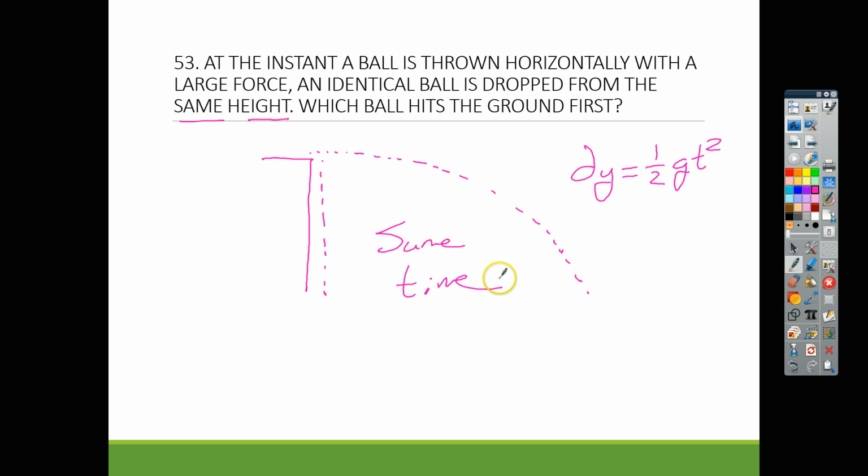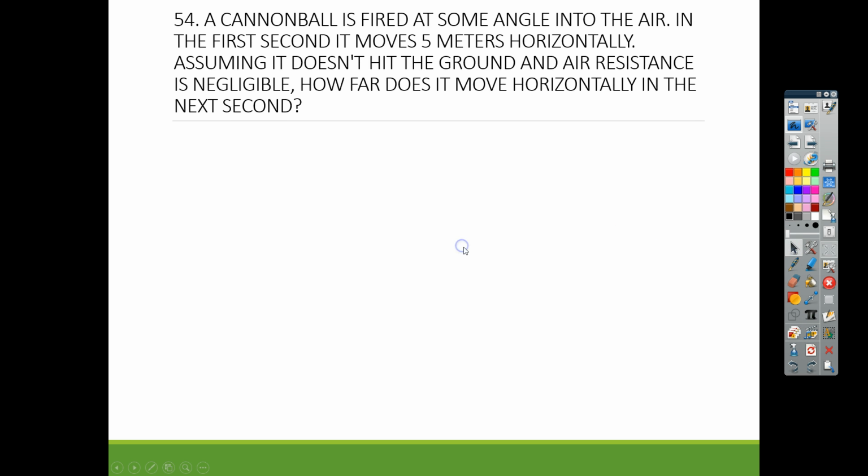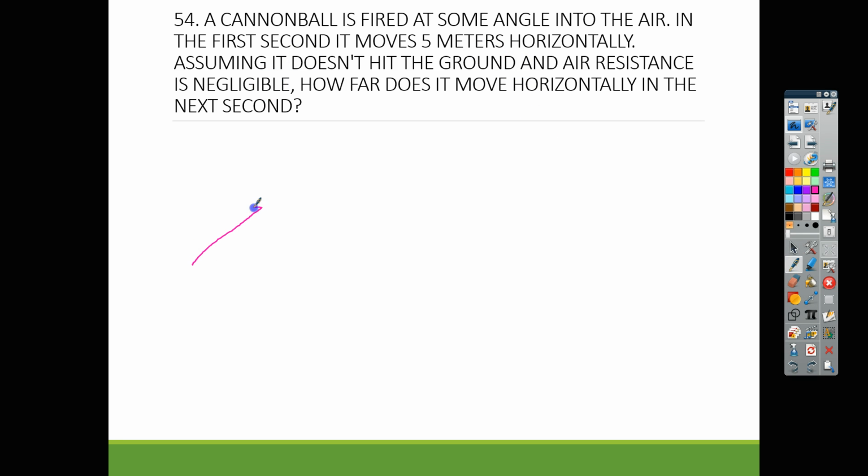That's number 53. For the next one, we have number 54, and it is this one. It says a cannonball is fired at some angle into the air. So here we go. In the first second, it moves 5 meters horizontally. So that would be 5 meters per second, which is actually a velocity.